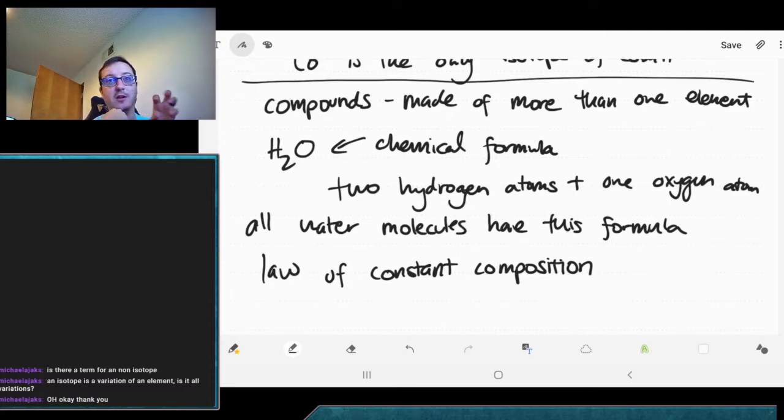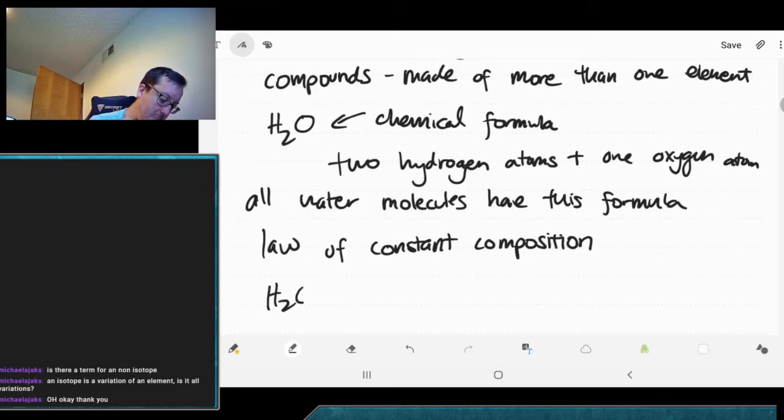So each water has two hydrogens, 1 oxygen, no other things. If we have something like this, it is not the same thing as water. That's hydrogen peroxide, the one on the left, versus water. So we distinguish different things from each other by using chemical formulas.